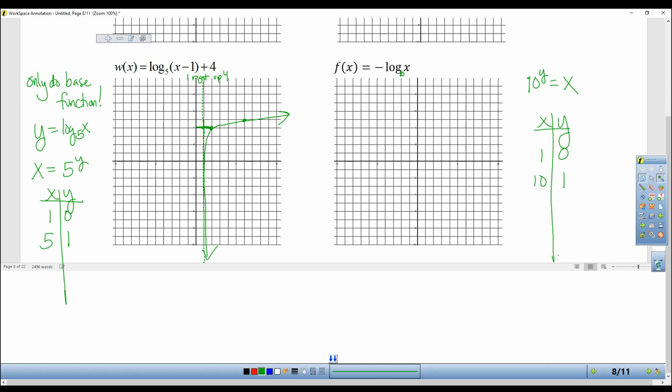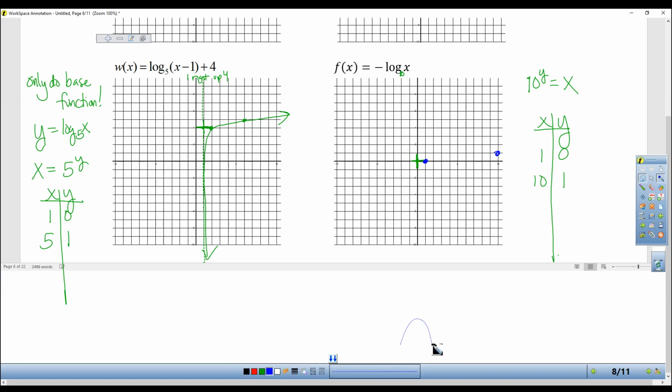This one does not shift left, right, up, or down. So this one still gets to stay at the origin. That is going to be my origin, which means my 2 points are going to be (1, 0) and (10, 1). And it would look like this, except that it has a negative. Now remember, a negative out in front. Think about what a negative out in front does to a square function.